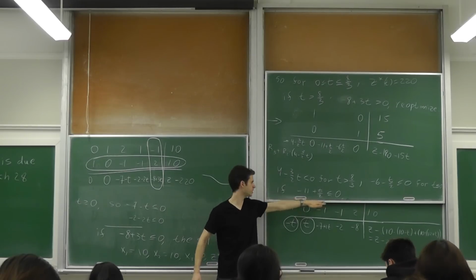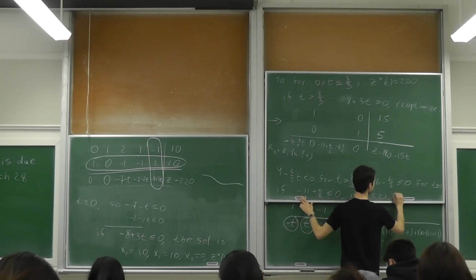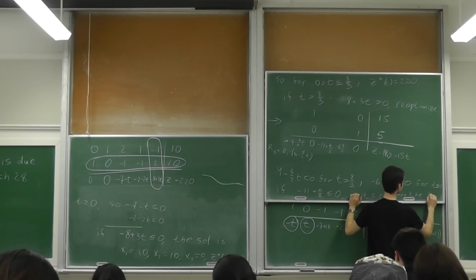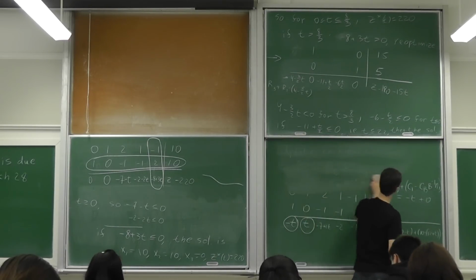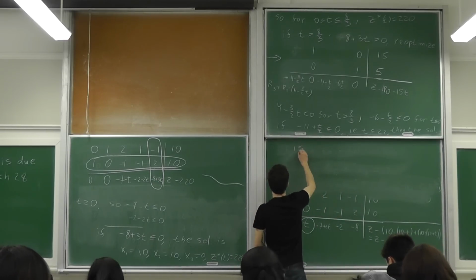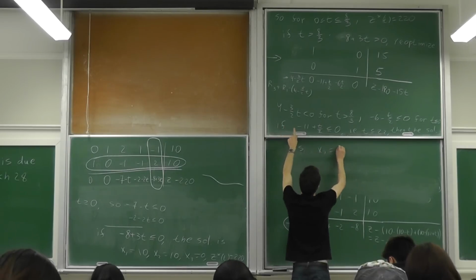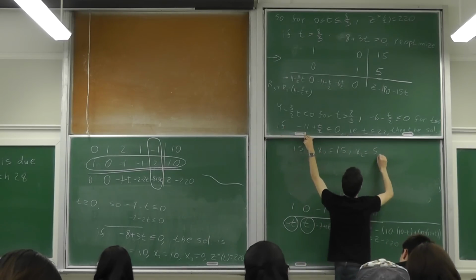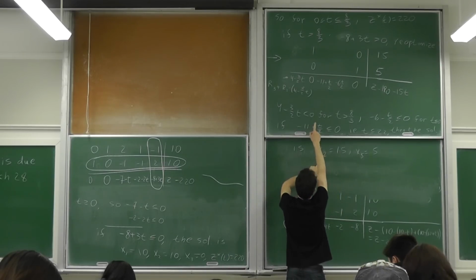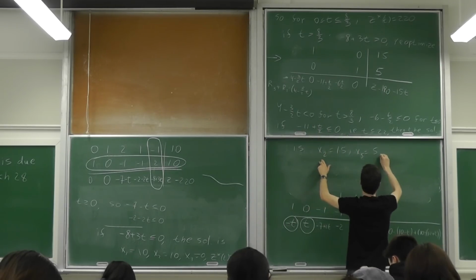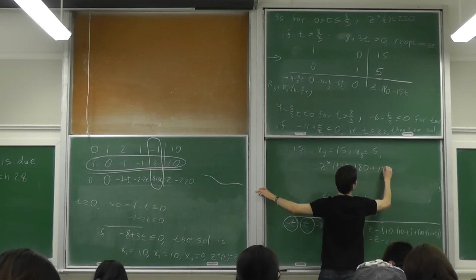So if this number is negative as well, i.e. t is at most 22, then the optimal solution is x5 equal to 5, and this was x2. x2 is equal to 15, x5 equal to 5, and our objective function is 180 plus 15.